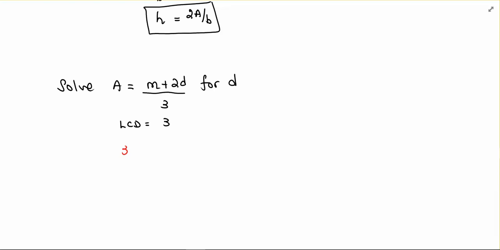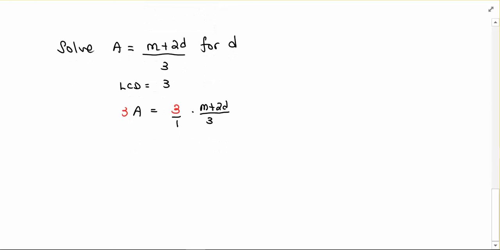So 3A equals 3 times (M plus 2D) over 3. Remember, this is just fractions, although the fractions look complicated. And we can cancel these 3's, and I get 3A equals M plus 2D.